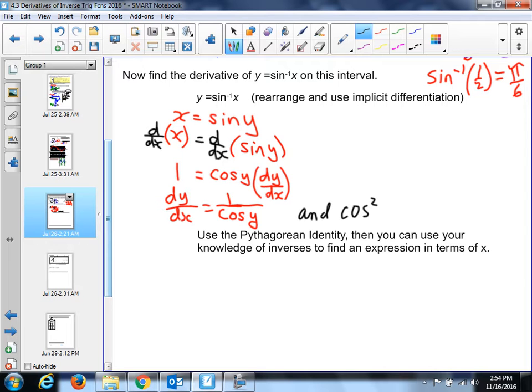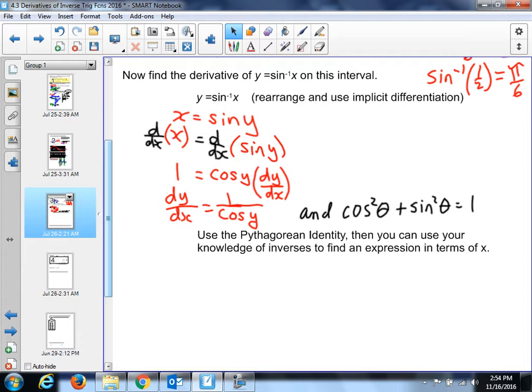I'll do it like this: cos squared of theta plus sine squared of theta equals 1. If I was to isolate this expression just for the cosine, well, then that means the cosine of theta is equal to the square root of 1 minus the sine squared.